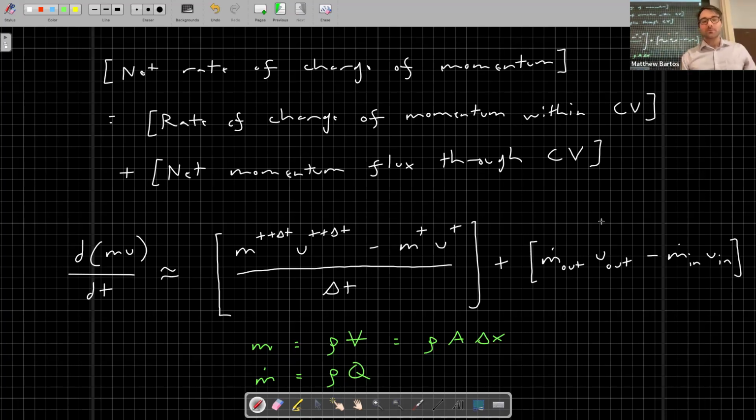All right, so let's take this expression and use the density to relate it in terms of the flow rate and the dimensions of the control volume.